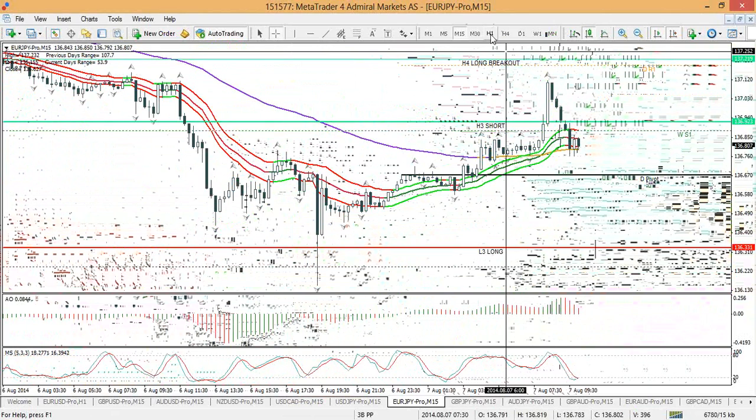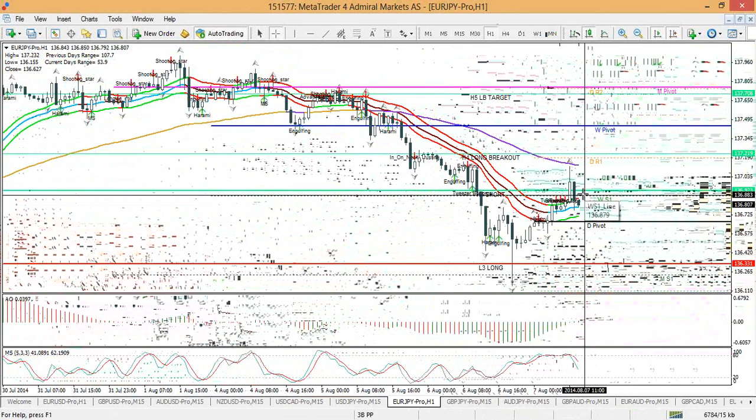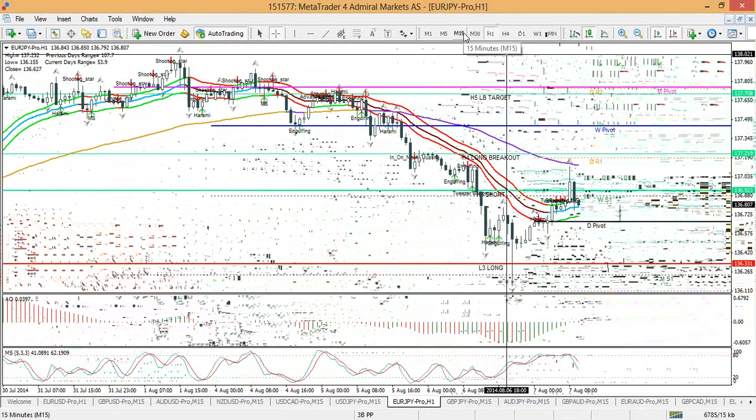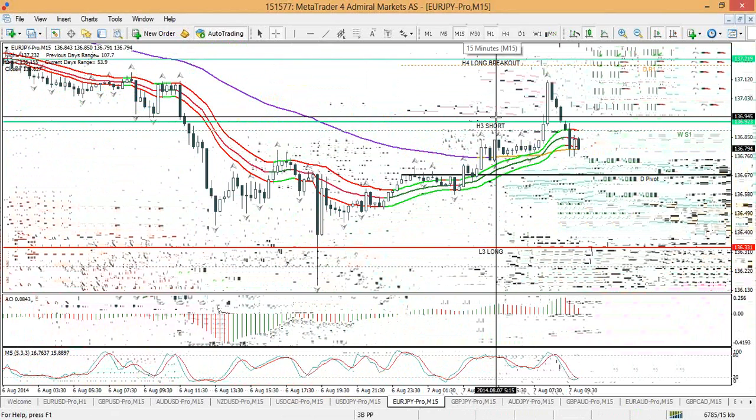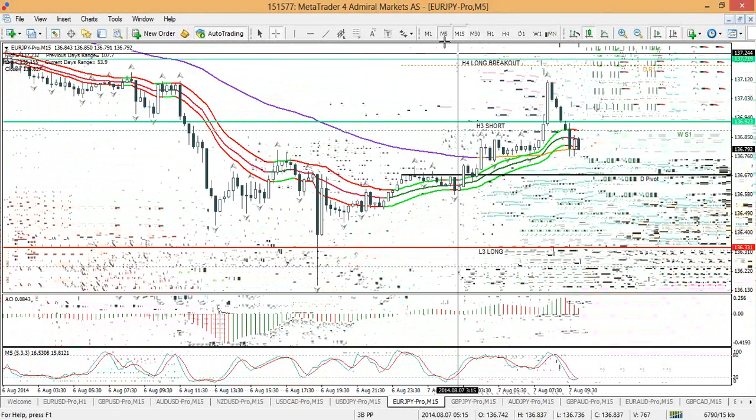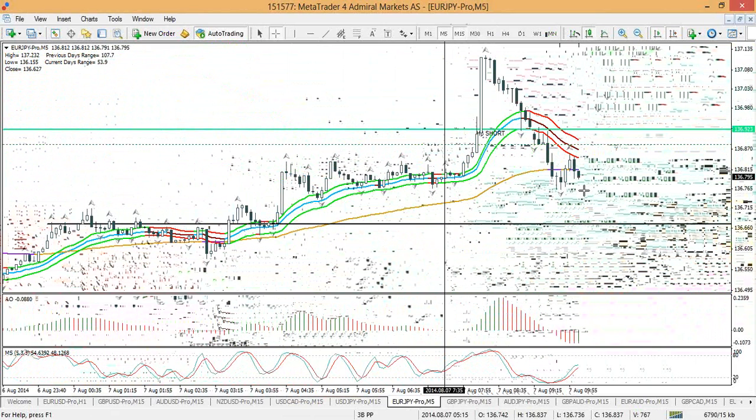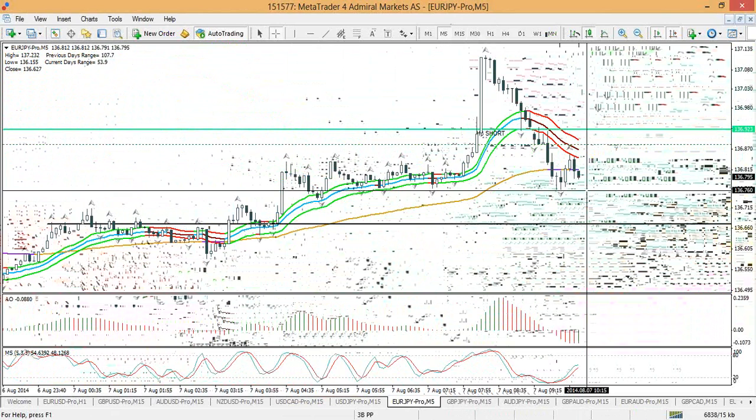Let's take a look at the hourly. Hourly had a bit of a wick, but nothing major. If the wick would have been a bit bigger, I would have definitely been in a hastier mode. I might move the stop loss just below these bottoms here.